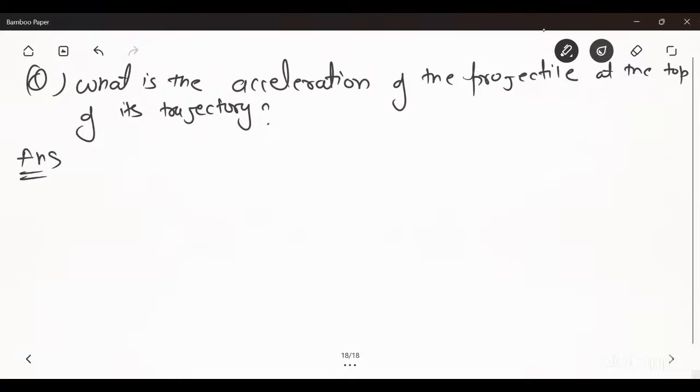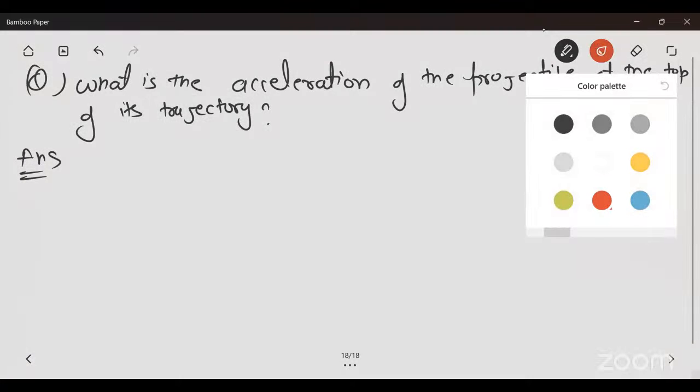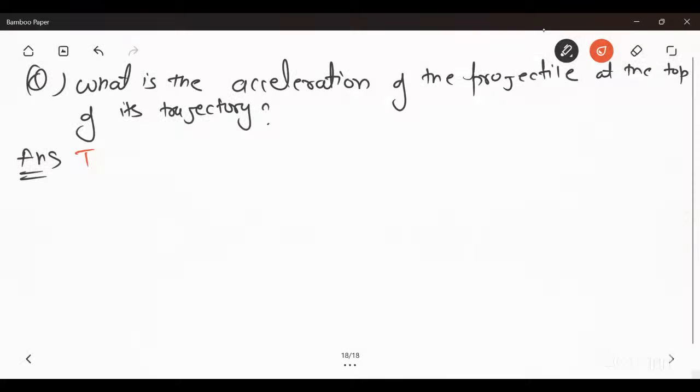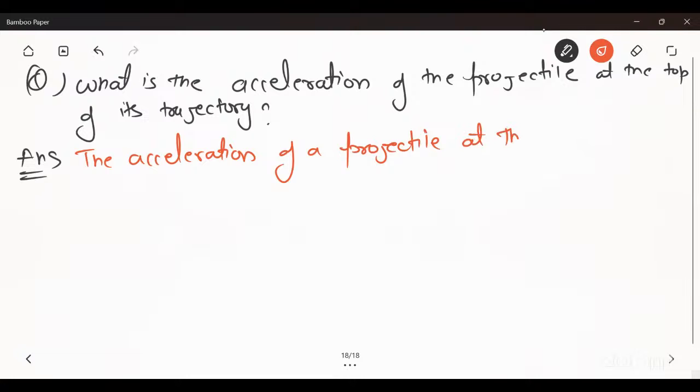So the acceleration of a projectile at the top of its trajectory is vertically downwards.